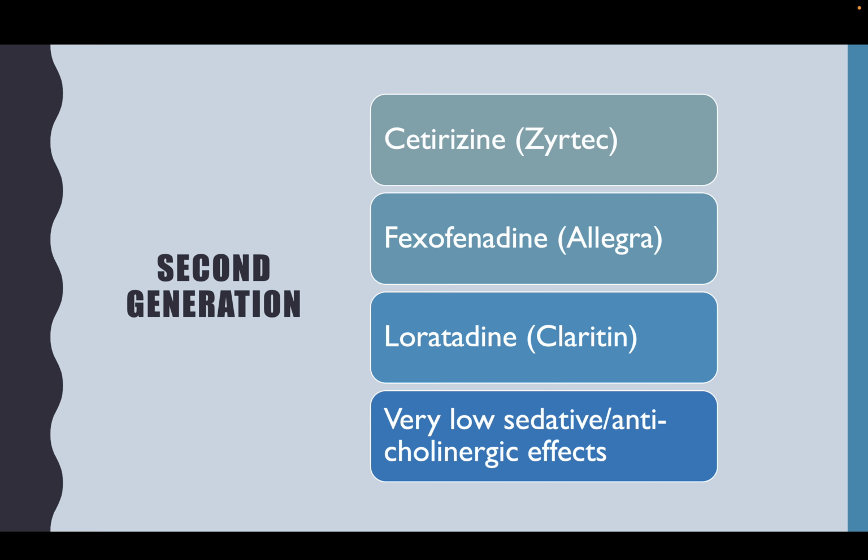Your second generation antihistamine drugs, again, you probably have heard of things like Claritin or Allegra. These do not cross the blood-brain barrier, so have very low to zero sedative effects, and those anticholinergic effects are also blunted.